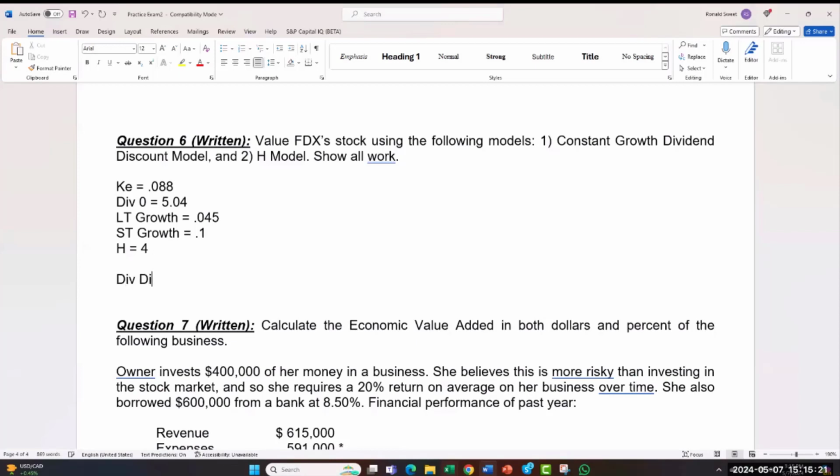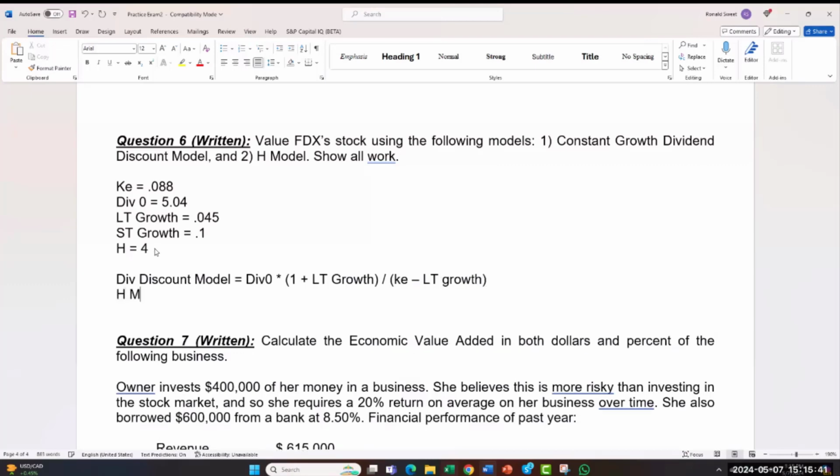So dividend discount model, it's going to equal dividend 0 times 1 plus long-term growth divided by KE minus long-term growth. And then the H model is the exact same formula.